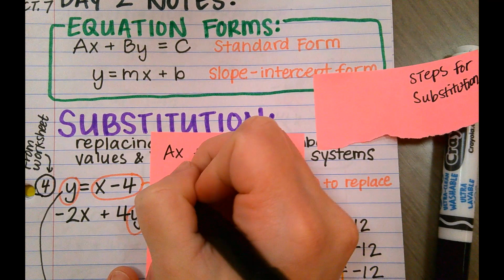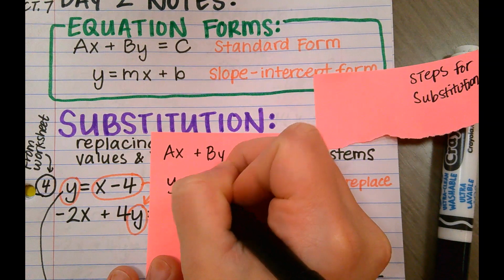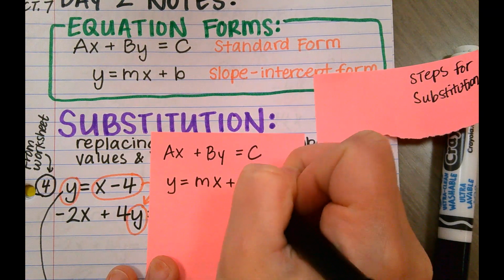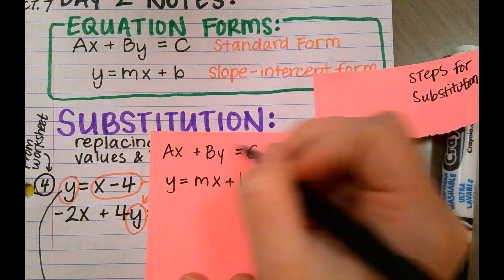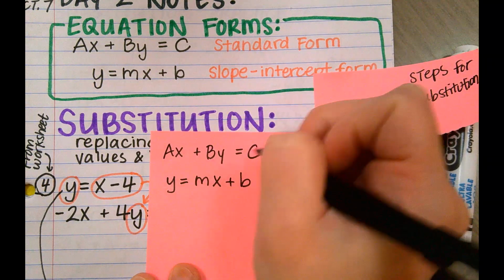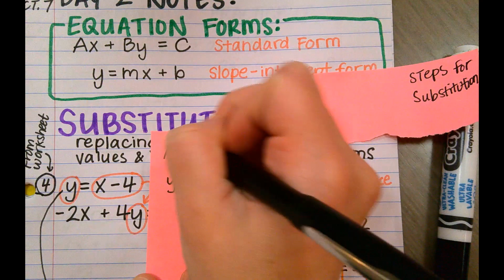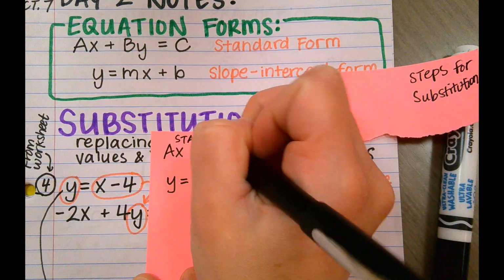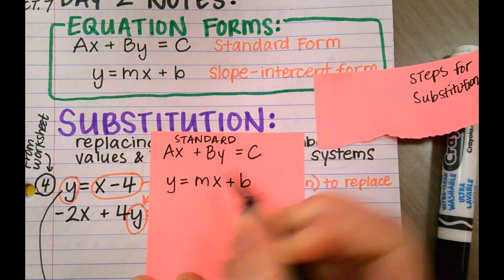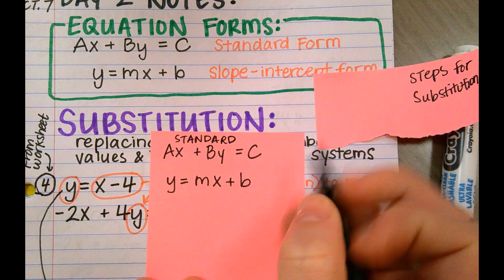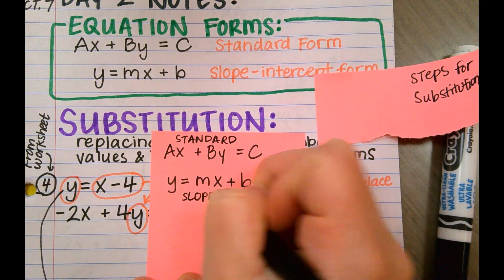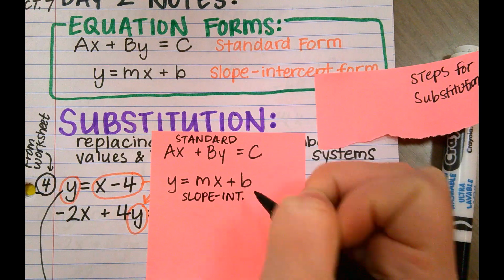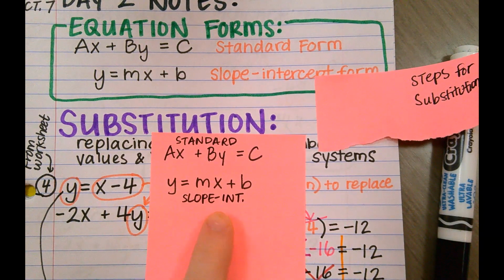And we have y equals mx plus b. And that top one with ABC is standard form. So I'm just going to write standard. And then my bottom equation, slope intercept. I'm going to abbreviate intercept and just write INT.